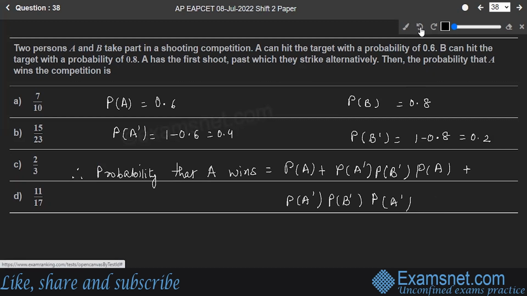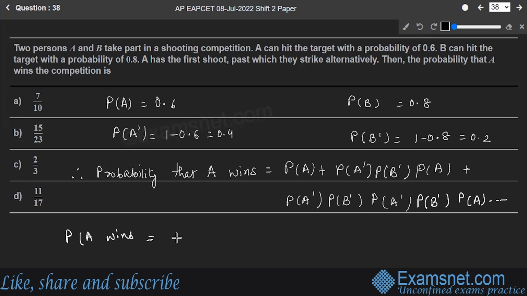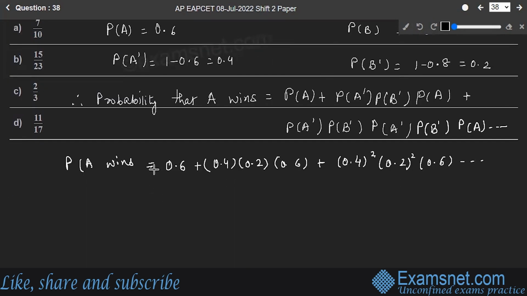Wait. That means the probability that A wins is given by 0.6 plus 0.4 into 0.2 into 0.6 plus (0.4 into 0.2) square into 0.6, and so on. Probability A wins is 0.6 upon 1 minus 0.4 into 0.2.